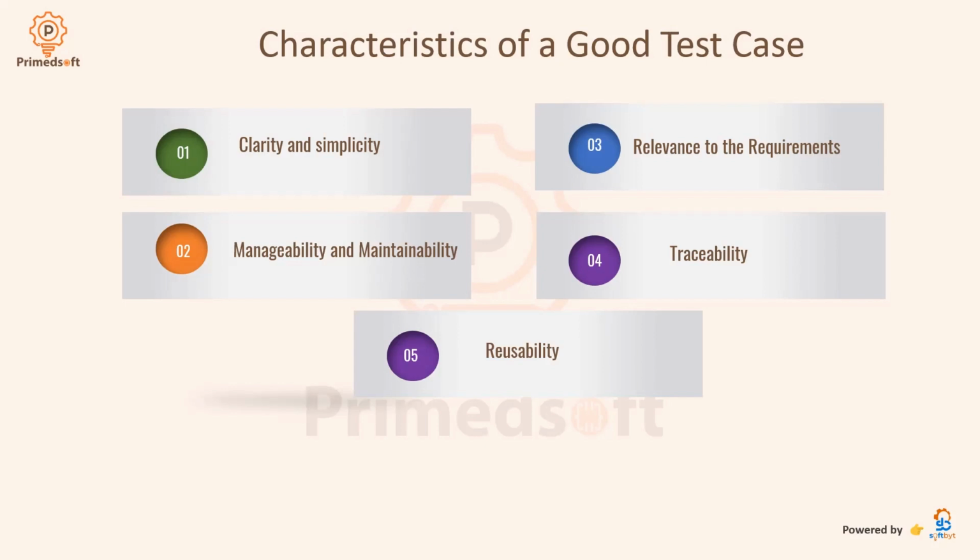Which is relevance to the requirement. Thank you so much, Shade. So relevance to the requirement: your test case should be directly related to the specified requirement or user story. That kind of covers the traceability part of it as well. Like I said before, you do not write a test case that is not relevant.